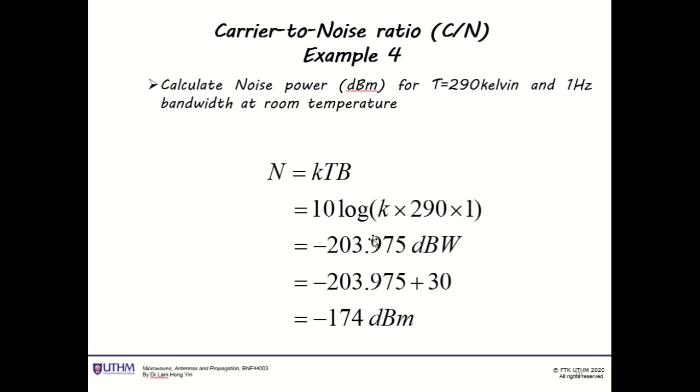In dB you need to put 10 log, or else you get a different value. So use this 10 log to get dB, and if you want to change it to dBm, you just add 30.